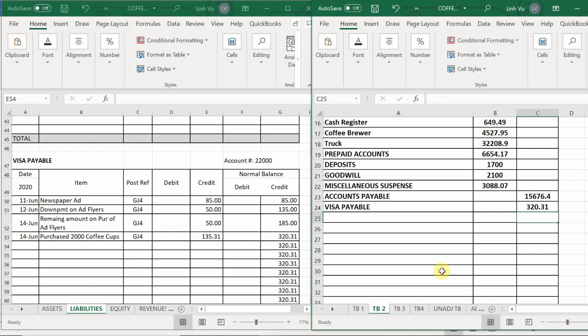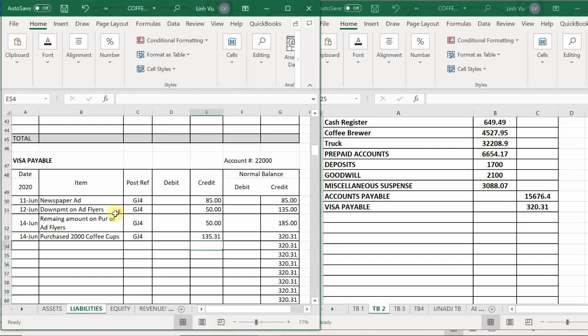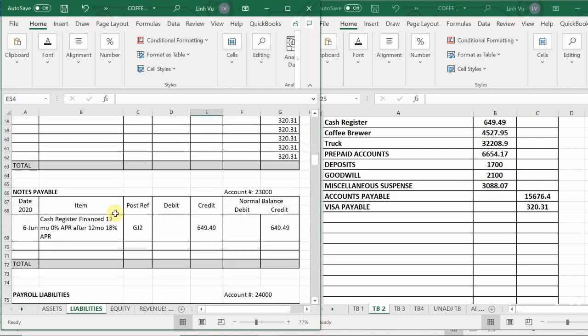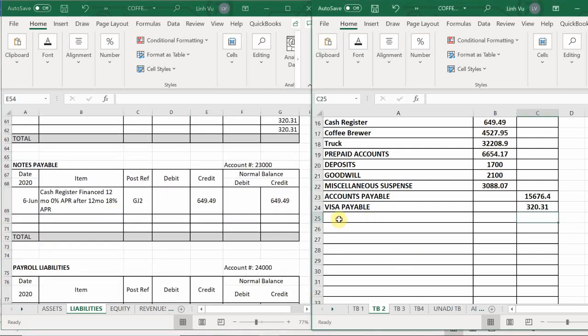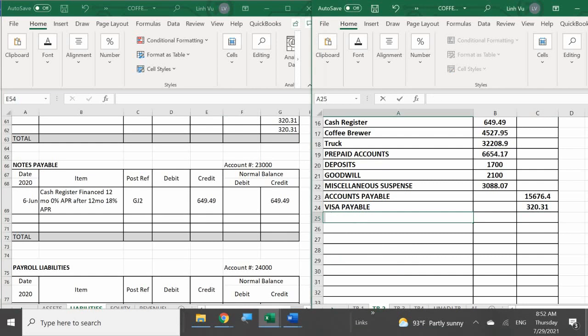Okay. Let's go ahead and see what's next. We have a notes payable for a total of $649.49.